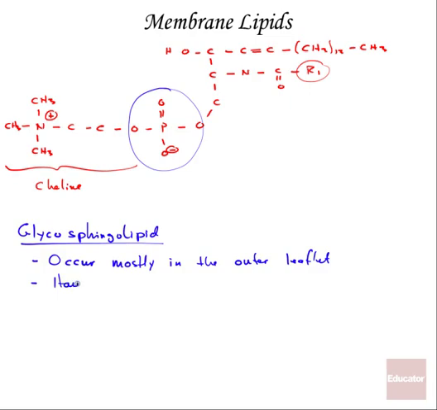And they have one or more, usually not more than about 3 or 4, sugar monomers. So I don't want you to think of like 15. It's not going to be like that.